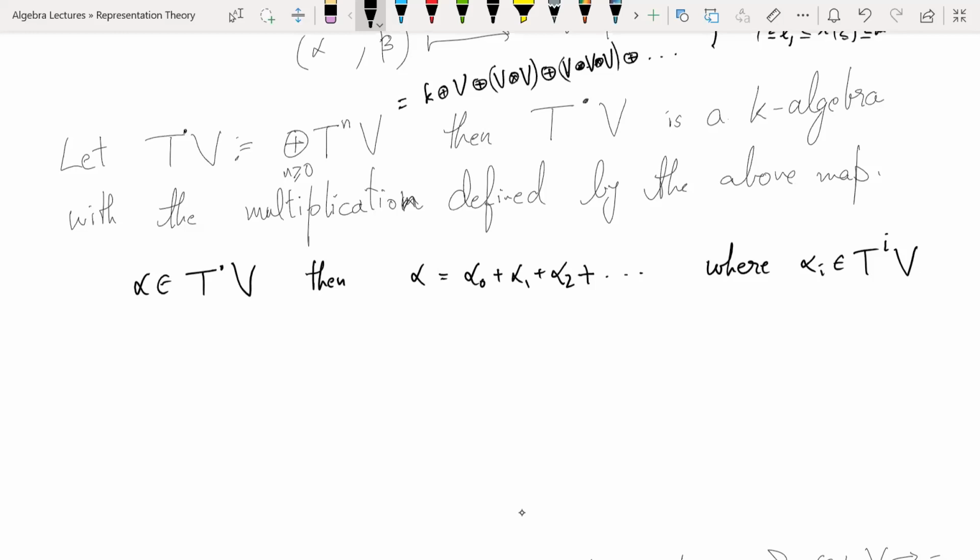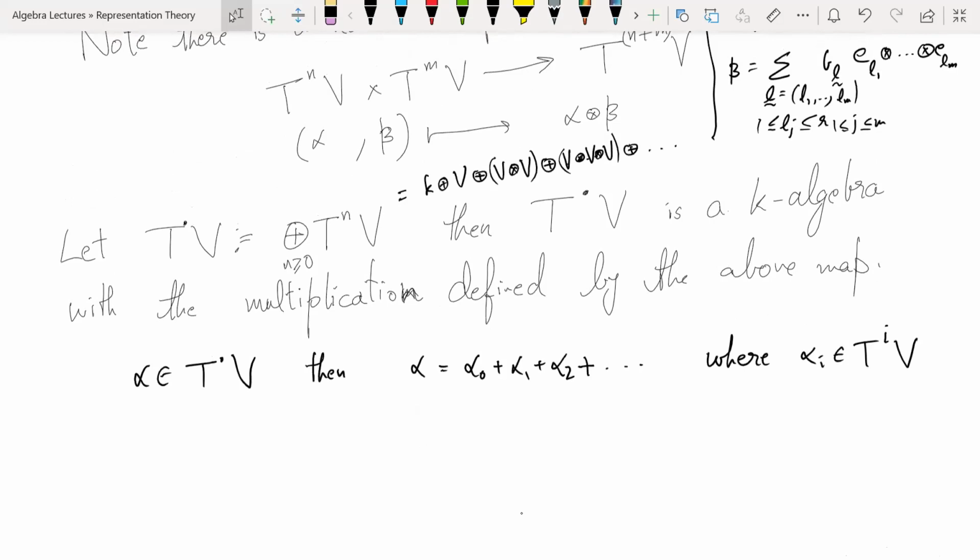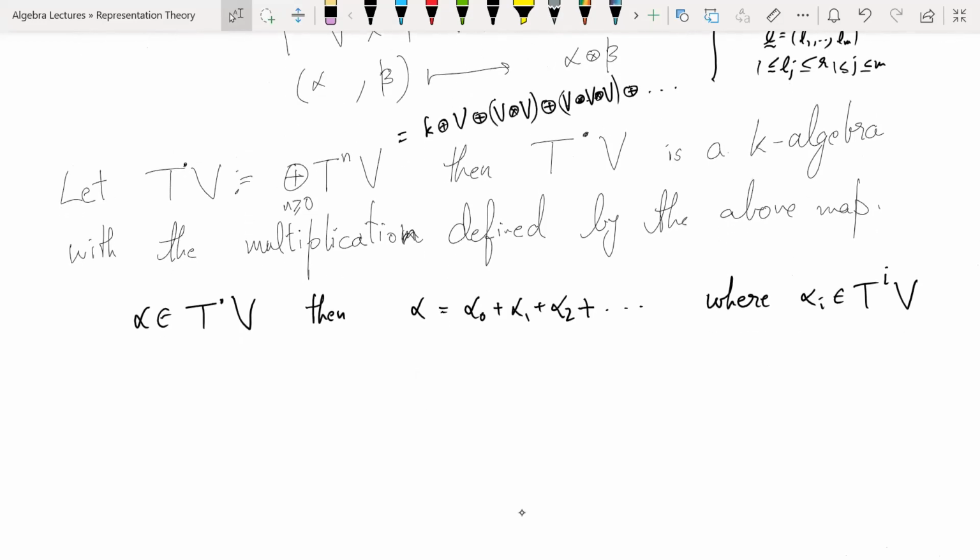And then of course we know how to multiply. We know how to multiply an element in TNV and an element in TMV, so we will just use the distributive law. Beta also belongs to T dot V, and we can write it as summation beta I. And this is unique because of the direct sum.